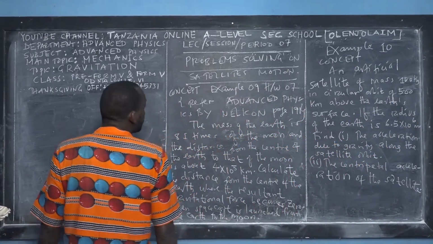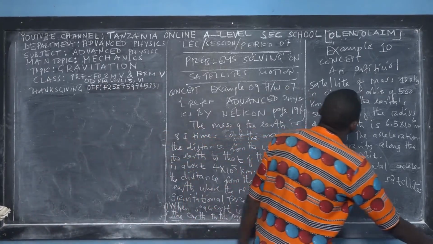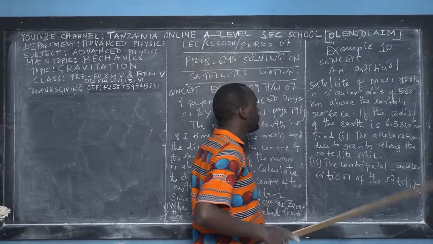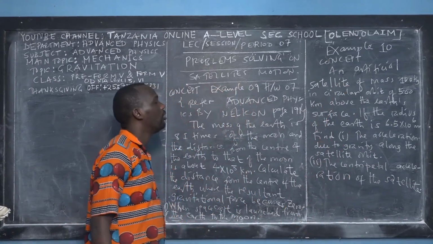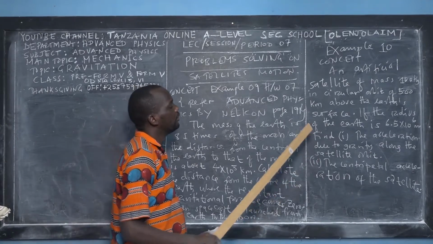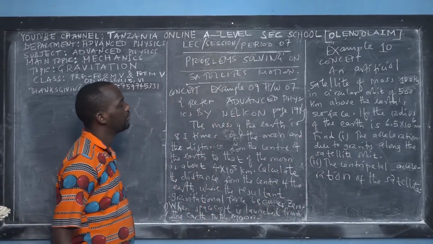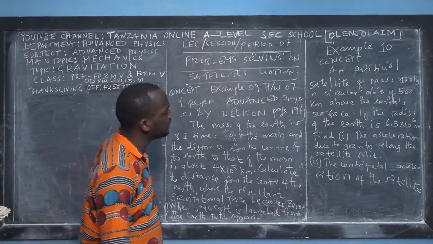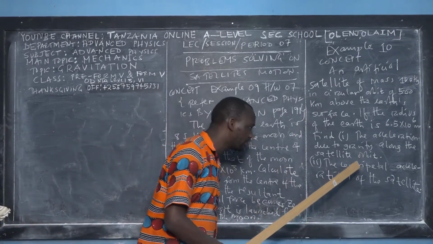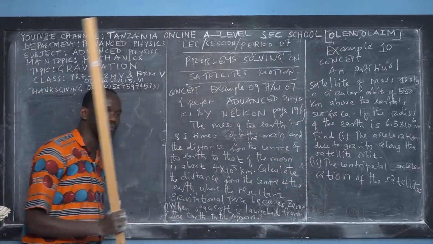Okay? So the question states that an artificial satellite of mass 100 kilograms is in circular orbit 500 kilometers above the Earth's surface. If the radius of the Earth is 6.5 exponent 6 meters, find Roman 1, the acceleration due to gravity along the satellite orbit, not along the Earth's surface.